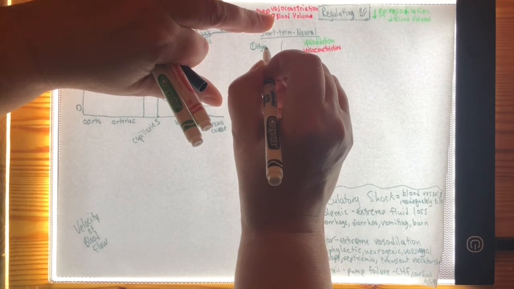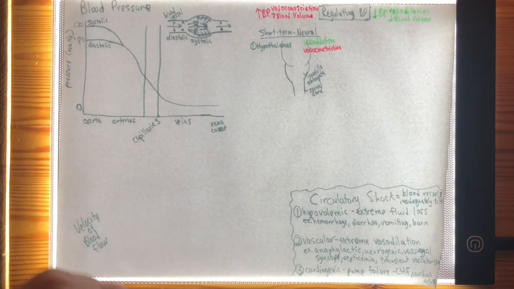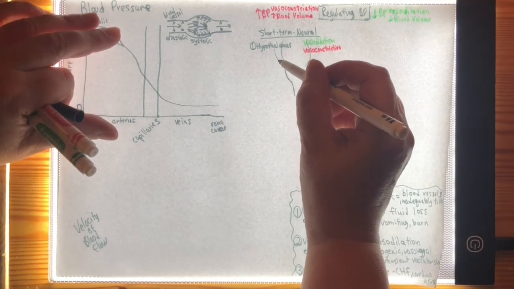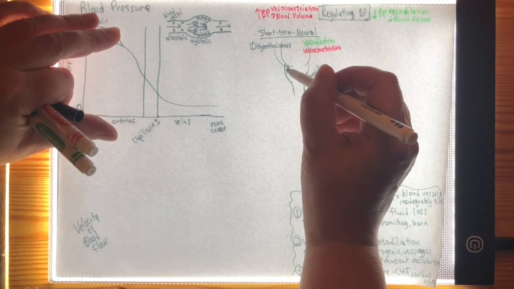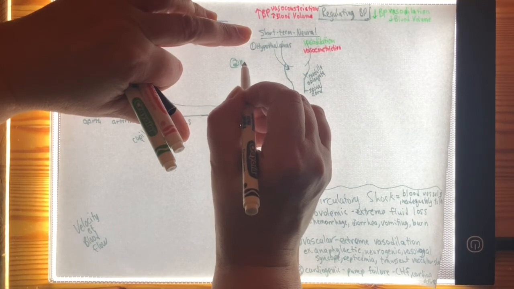So we start off with the hypothalamus. The hypothalamus is the part of the brain that is responsible for lots of body things going on, body temperature regulation, your hormone regulation, and things like that. And so the hypothalamus is going to have an idea of what's going on inside of the body, and will therefore be able to put some input into the medulla in that way.